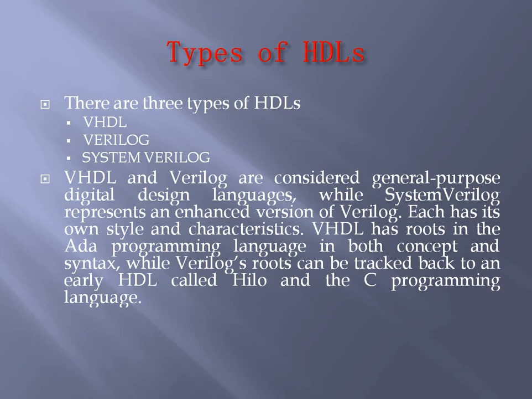VHDL has roots in the Ada programming language in both concept and syntax, while Verilog's roots can be traced back to an early HDL called Hilo and the C programming language. In short, System Verilog is the advanced version of Verilog, and VHDL and Verilog are mainly general purpose digital design languages.